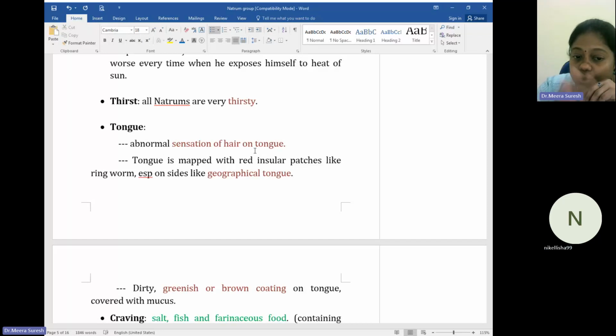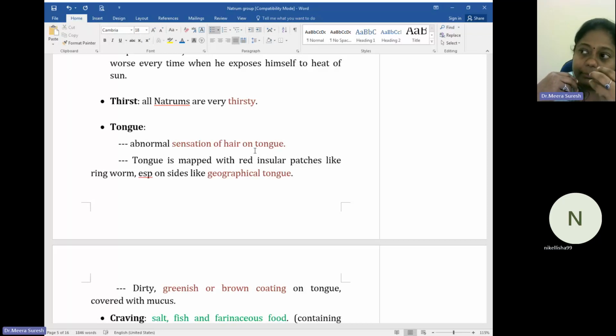So if you don't remember during the exam that it has red insular patches like ringworm, especially on the sides, don't worry. Even if you write geographical tongue or mapped tongue, that gives a clue. That will be enough.